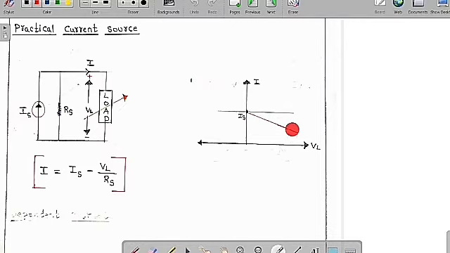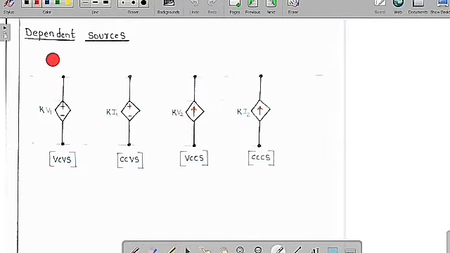Now we are going to learn about dependent sources. Dependent sources are sources whose quantity depends upon some other parameter. There are 4 types of dependent sources: voltage controlled voltage source, current controlled voltage source, voltage controlled current source, and current controlled current source.